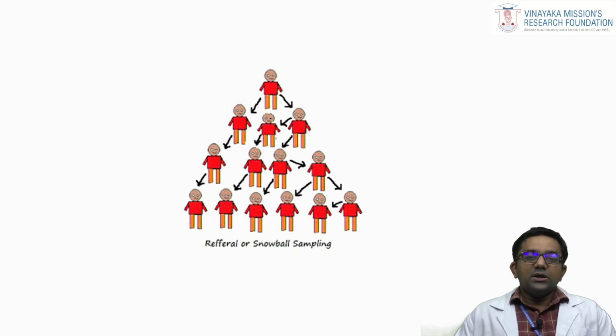That is why it is known as snowball sampling, mainly done for tobacco related surveys or studies. So, we do snowball sampling where the person will refer the next person. So, that is why it is known as snowball sampling.